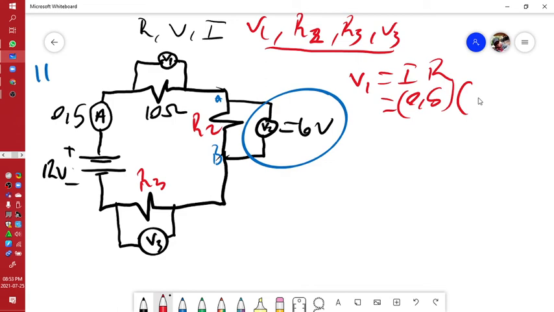This will give us 5 volts. That is 5 volts here.